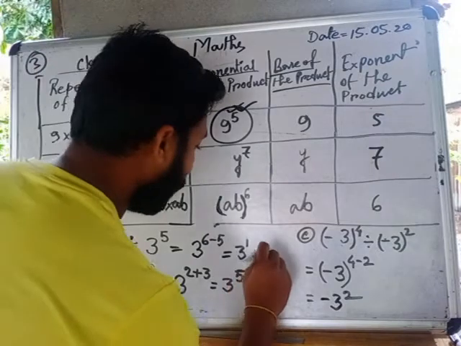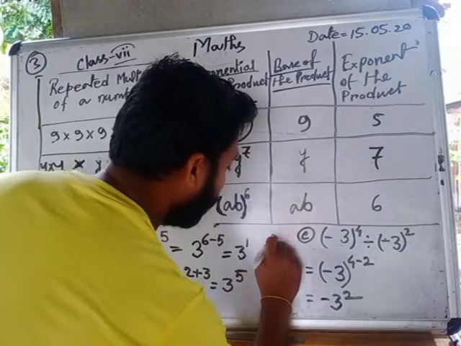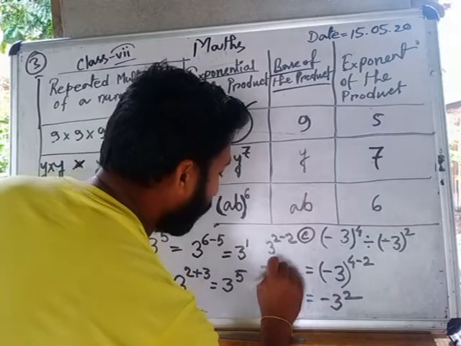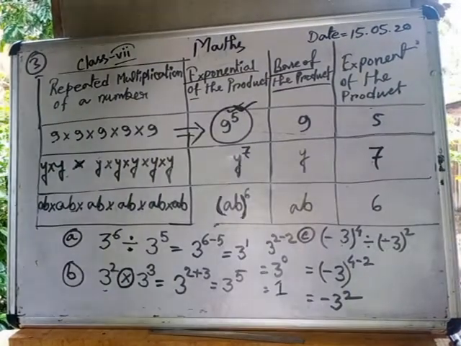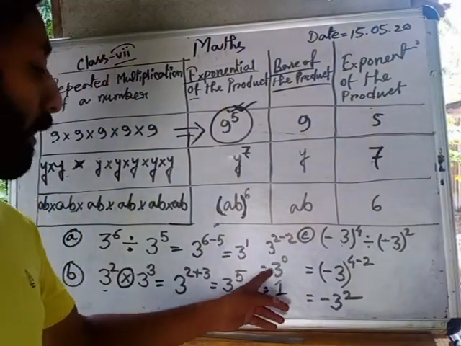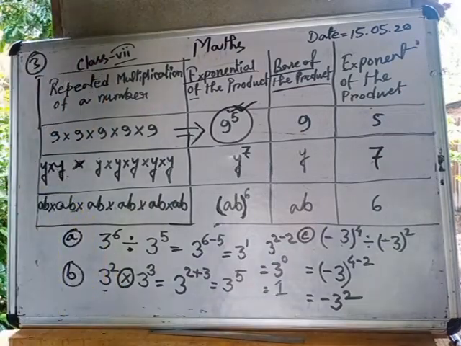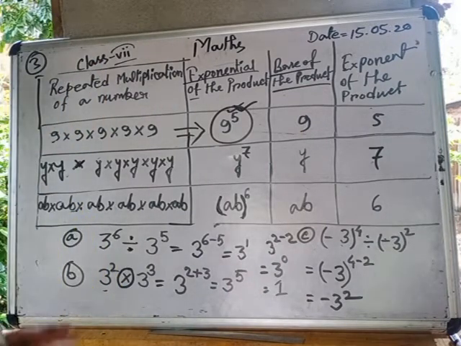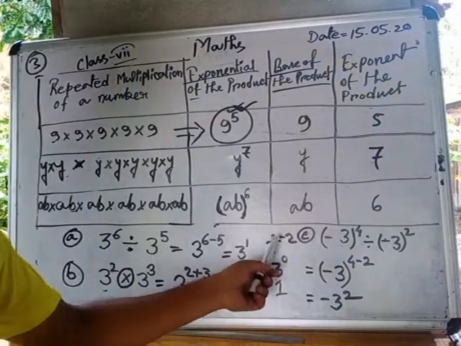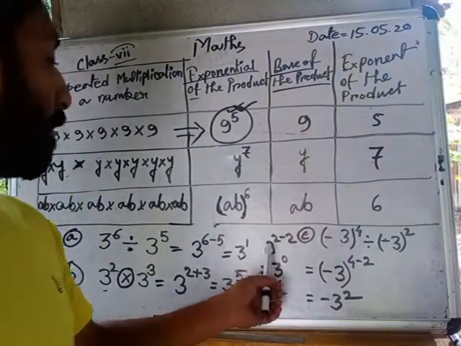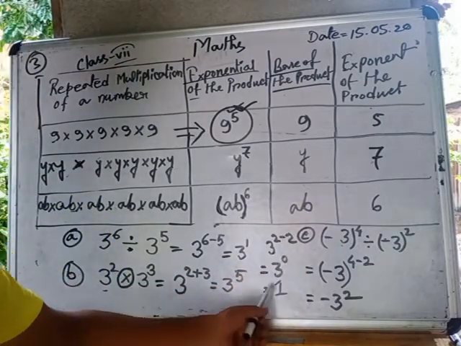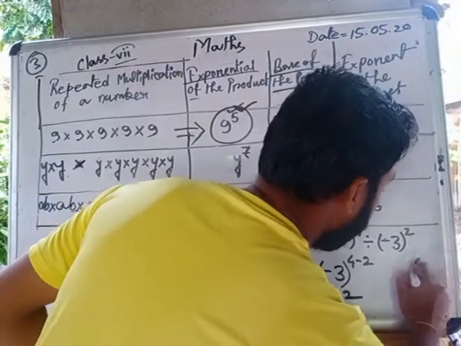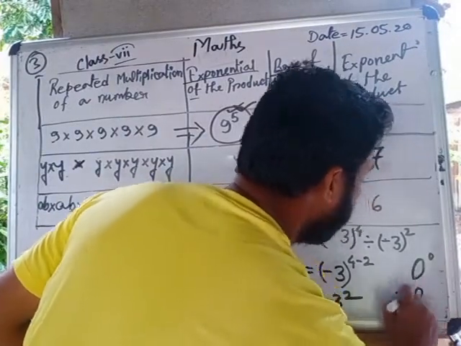If it is 3 to the power 2 minus 2, that means 3 to the power 0, which is 1. If the exponent of any number is 0, it will be 1, without 0 itself. If 0 has exponent 0, that is also 0.